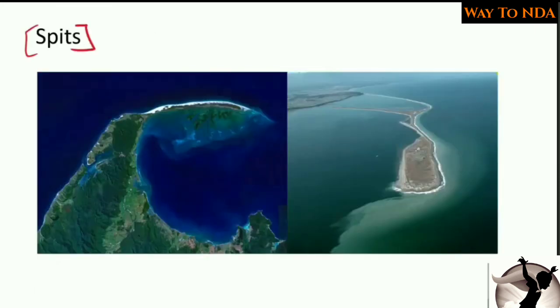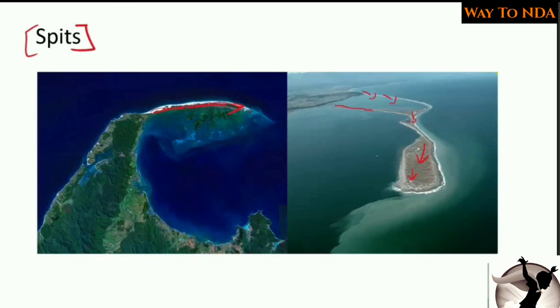Now the third one is the spit. When these bars are connected with each other, they will form this type of structure. Here you can find this type of structure being created when the bars are interconnected with each other and connected to the coastline. This is called a spit.